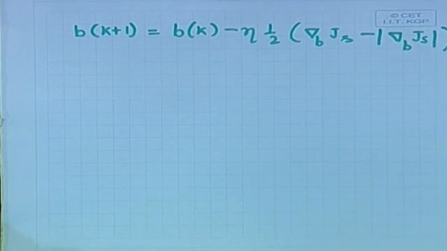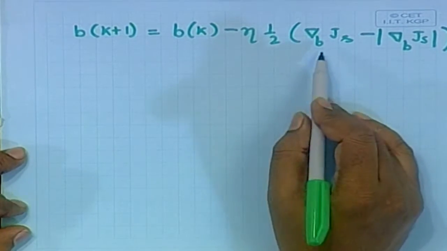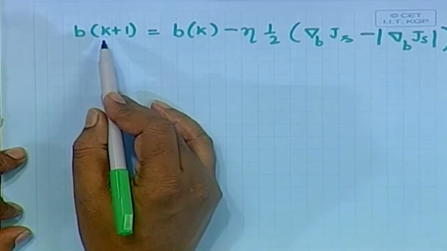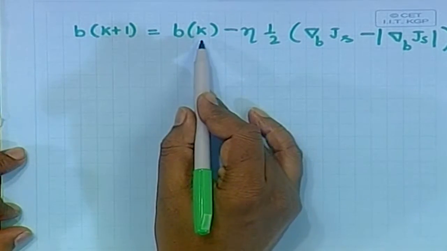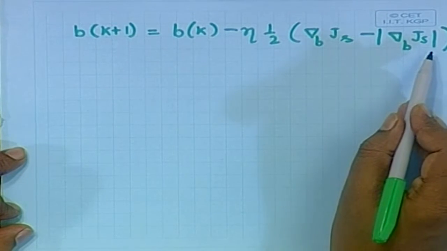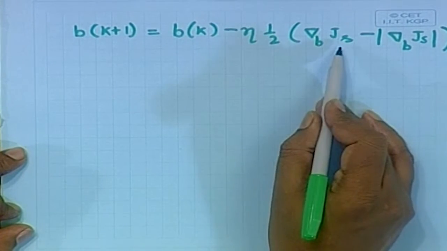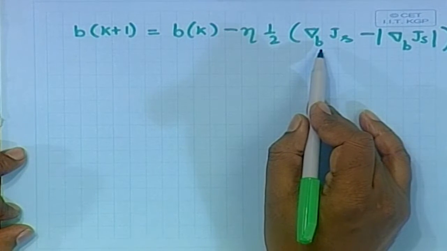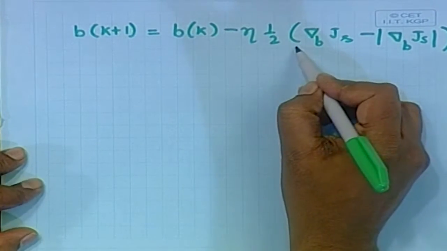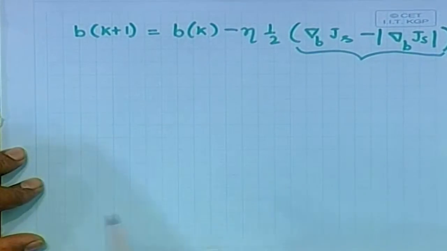Here, because to obtain b(k+1) we are subtracting this quantity from b(k), if the gradient of Js with respect to b is positive, then this total quantity will be equal to 0.